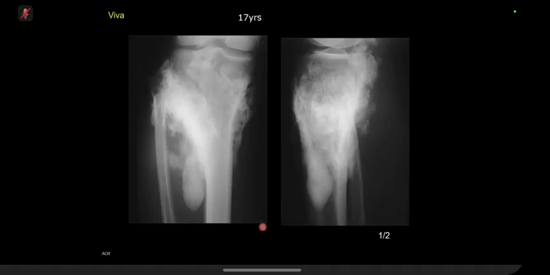I wonder whether this is chondroid or osseous in nature. But other factors that I'm evaluating include the zone of transition, which is wide. There's an evident soft tissue component. So this looks like an aggressive lesion, most likely an osteosarcoma.